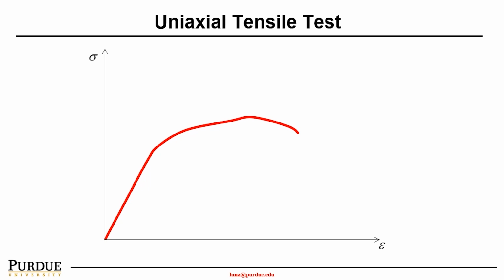For instance, if I have a steel, this is a typical behavior I would expect for a normal steel. But if I increase the strength of the material, I would expect the stiffness to increase, the modulus to increase. As you can see here, the slope of the blue curve is way higher than the red curve.